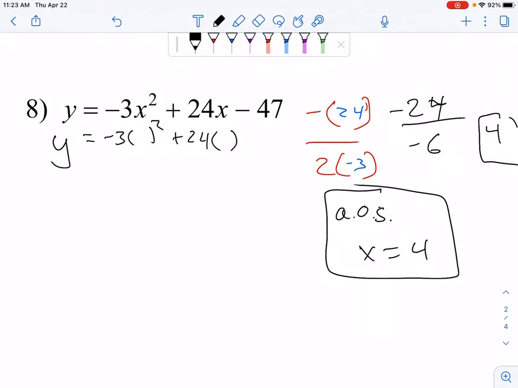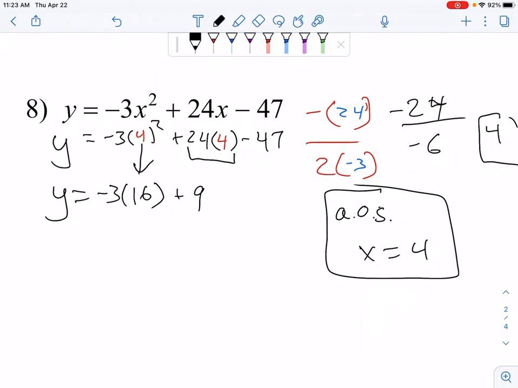So our numbers are large, but still manageable. And I'm replacing now with a positive 4. So y equals negative 3, and then I'm working out 4 to the second power, which is 16. 24 times 4 should give us 96.